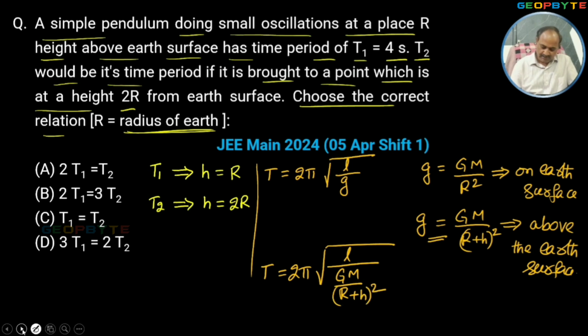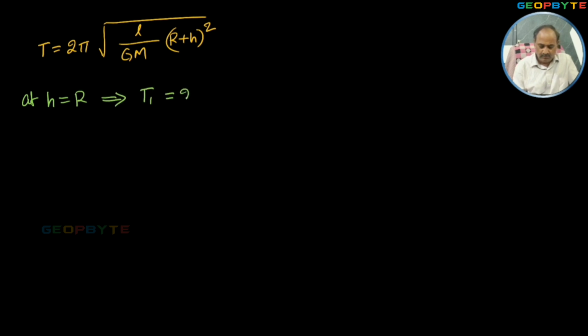Let us take another slide. Time period t equal to 2 pi into root under L by Gm, with this R plus H whole square going up. Now at H equal to R, time period is T1, that is equal to 2 pi into root under L by Gm into 2R whole square.